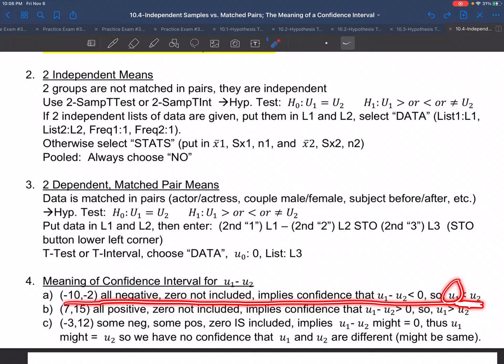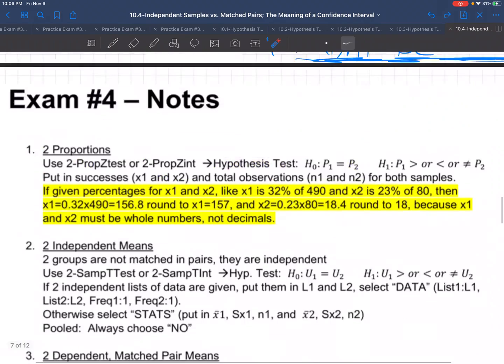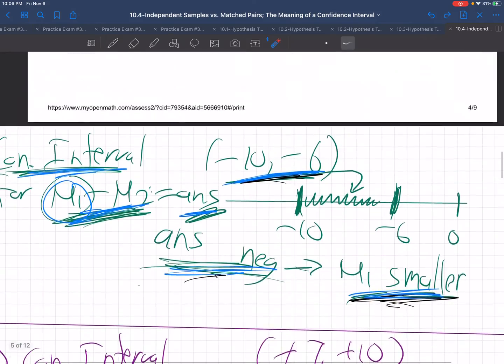The first number is lower than the second. If it's all positive, 0's not included, implies that the first number is bigger. Right? First is bigger. If there's some negative, some positive, 0 is included, implies they might be 0. Thus, they might be equal. So we have no confidence that they're different. They might be the same. There it is. All that I just said.